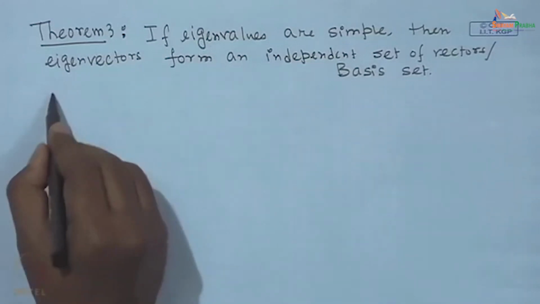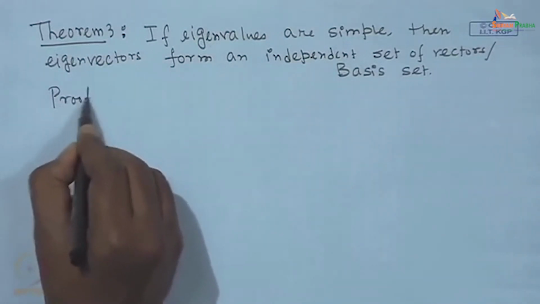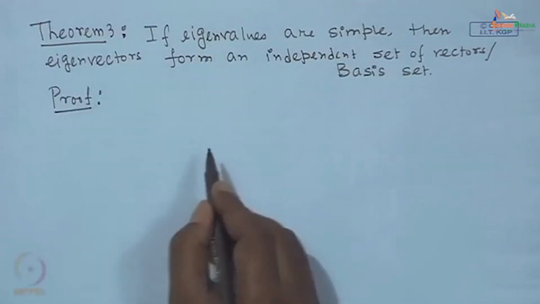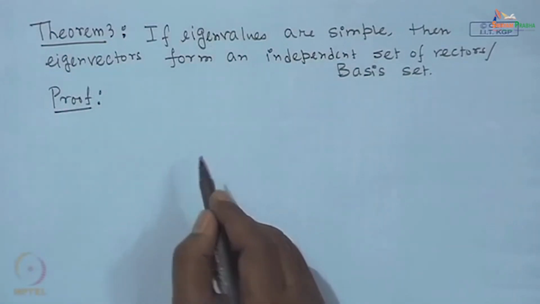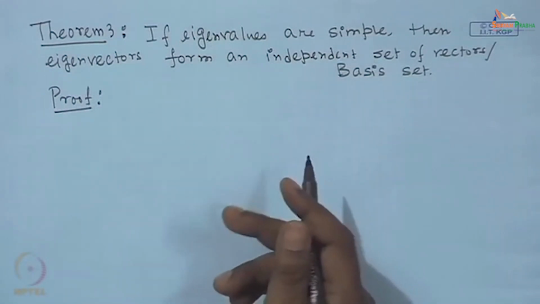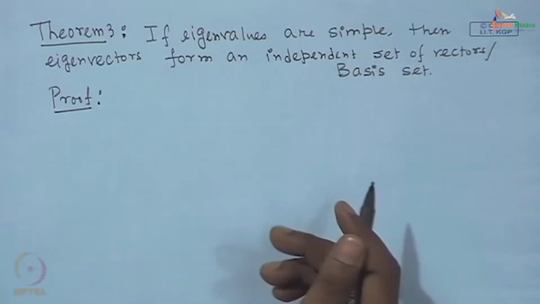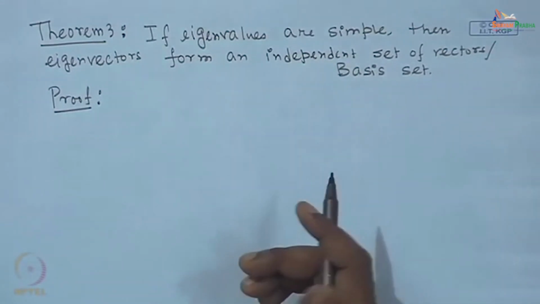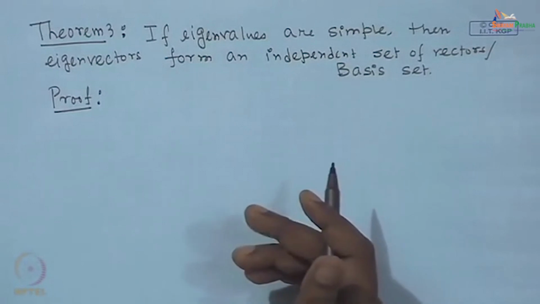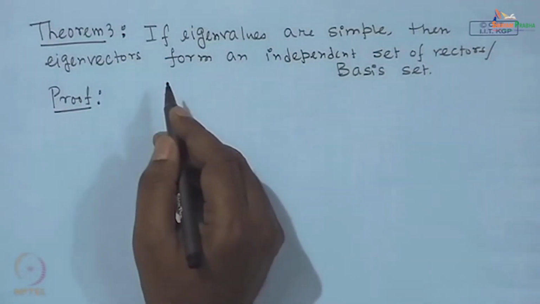Okay. Let us prove that eigenvectors are mutually independent of each other, so that they form independent axes, or independent directions. The proof goes like this.